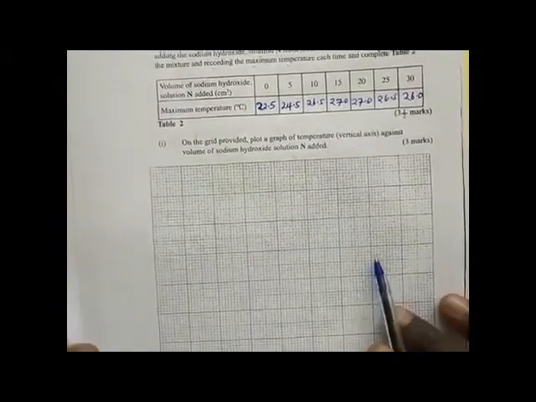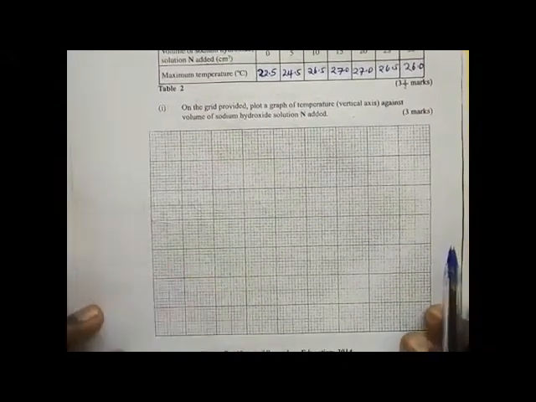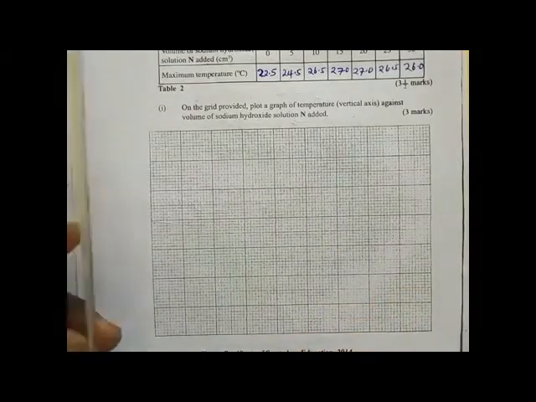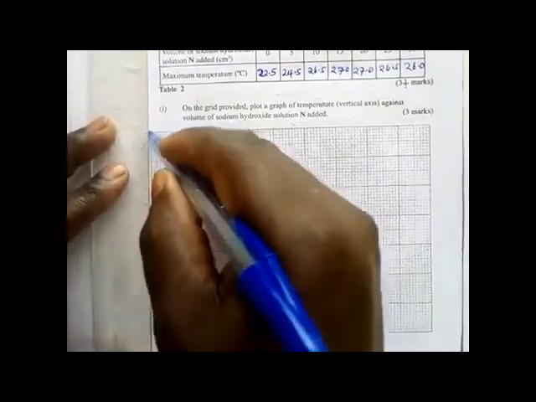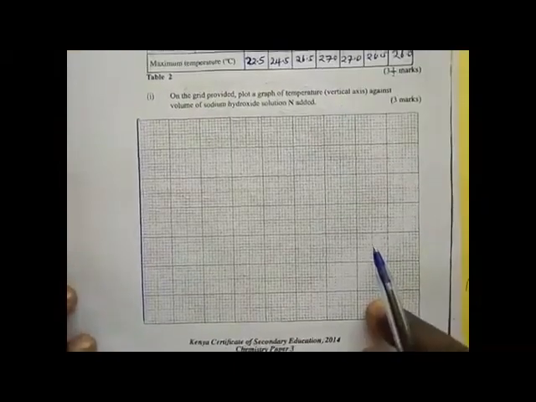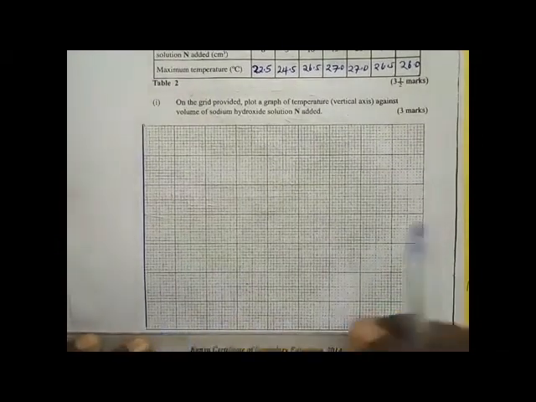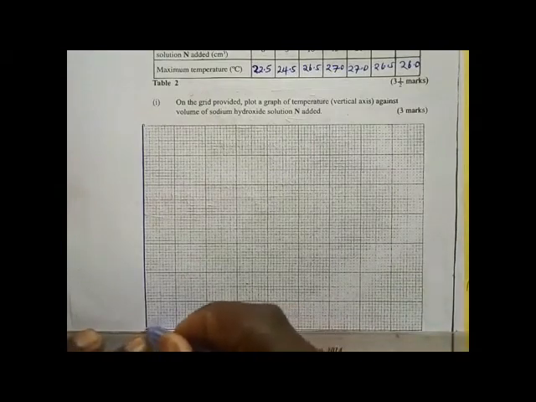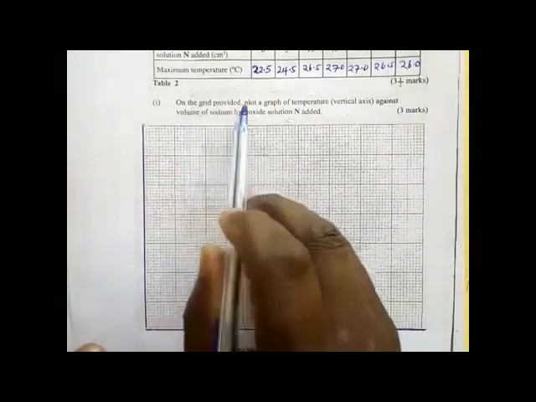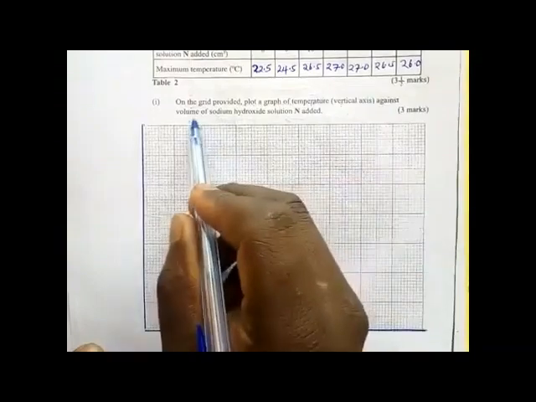We want to plot the graph, and then we shall see how to use the graph to answer the questions that are going to follow. So I will draw my y-axis, and then my x-axis. I have been asked to plot a graph of temperature on the vertical axis against the volume of sodium hydroxide.